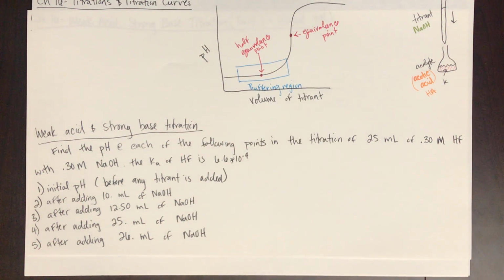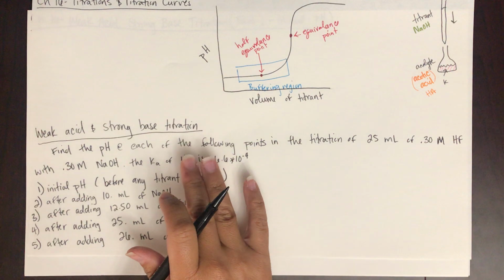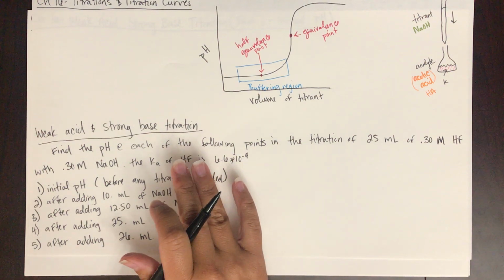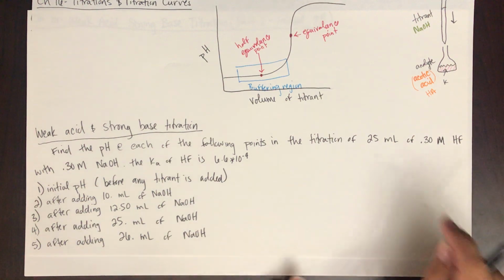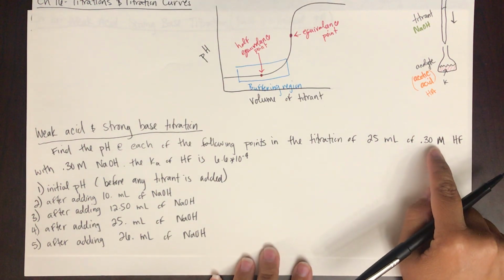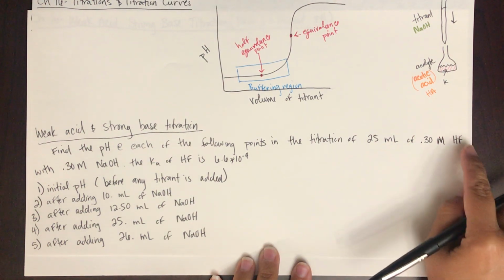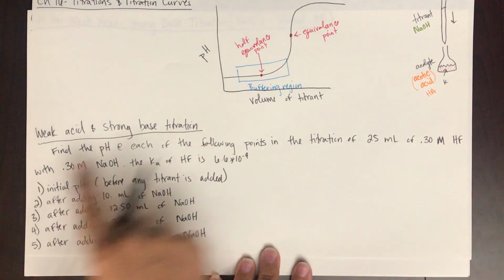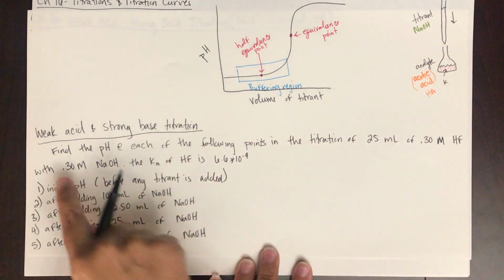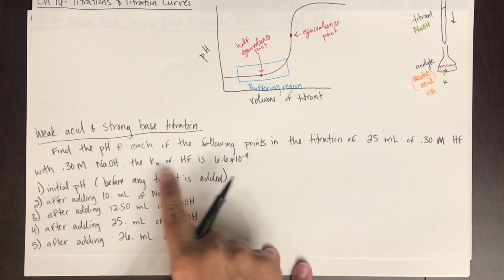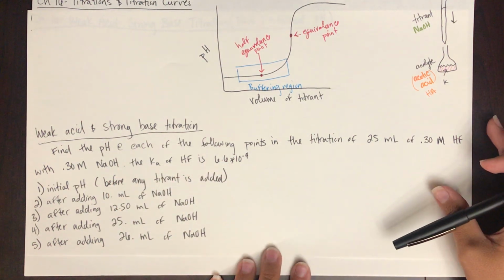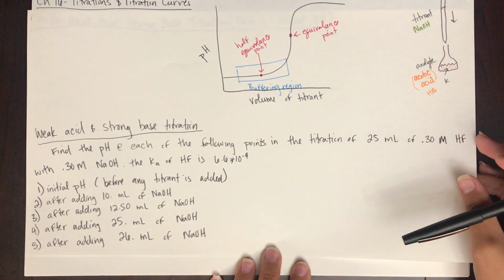So here's the problem that we'll be referring to in each of these 5 examples. Find the pH at each of the following points in the titration of 25 milliliters of a 0.30 molar hydrofluoric acid, that's what would be in the flask, with 0.30 molar sodium hydroxide. And then also given is the Ka of hydrofluoric acid, 6.6 times 10 to the negative 4th.